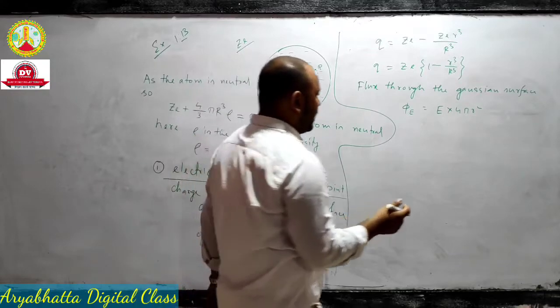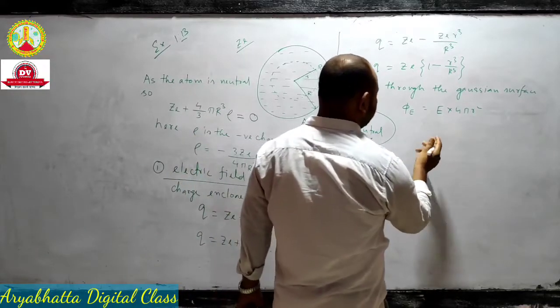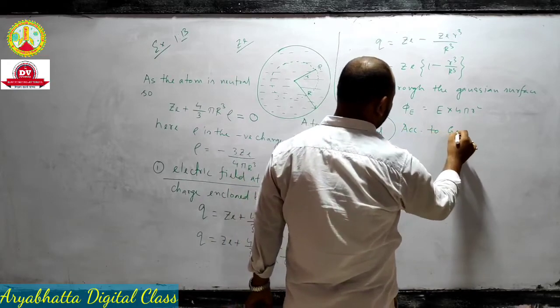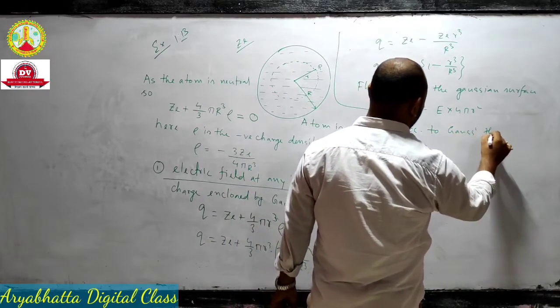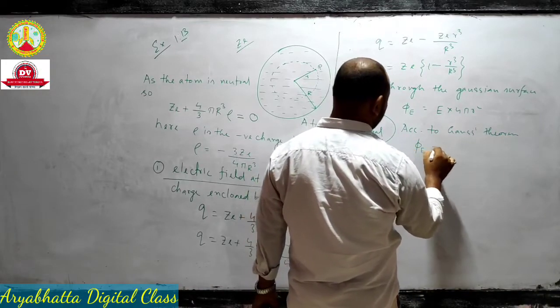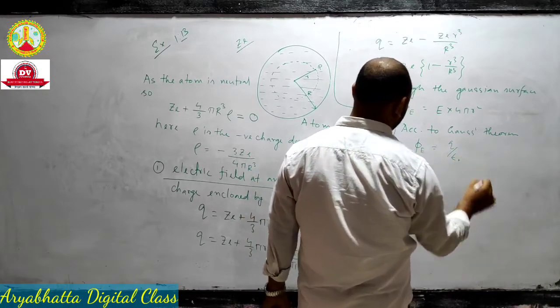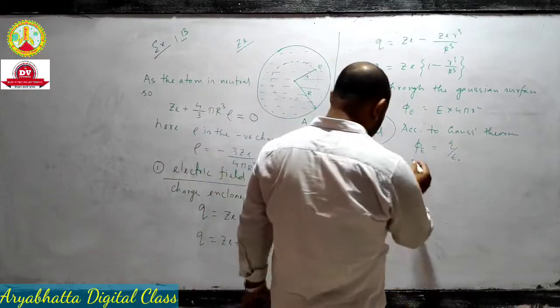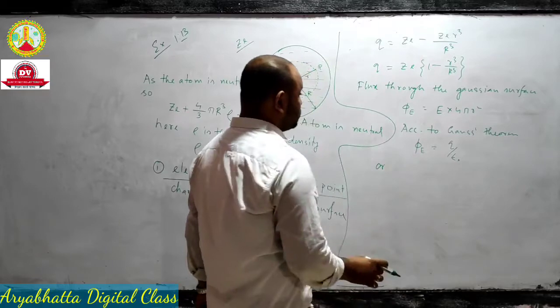Okay, and this is the flux according to Gauss's theorem. According to Gauss's theorem, the total flux phi E is equal to what? Q by epsilon naught. Okay, and phi E is total flux.